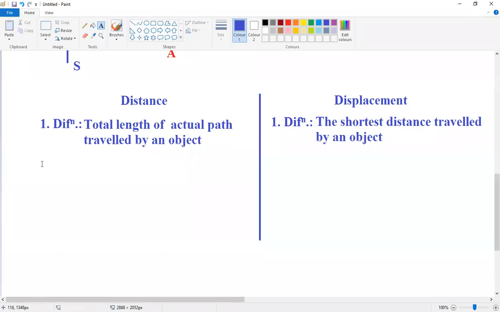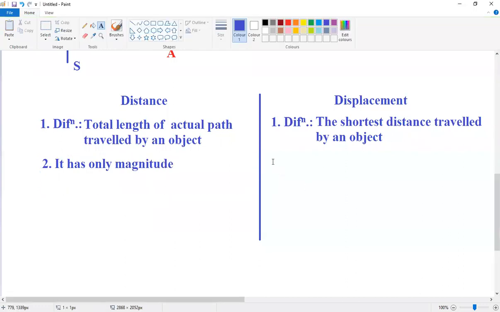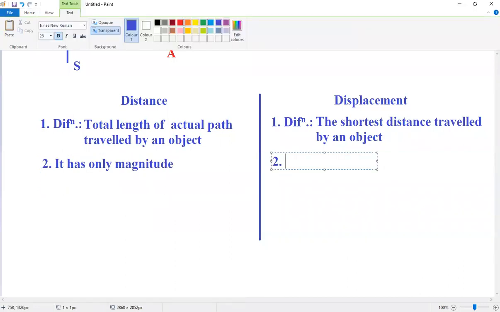Next point, the second point: distance has only magnitude, whereas displacement has magnitude as well as direction.